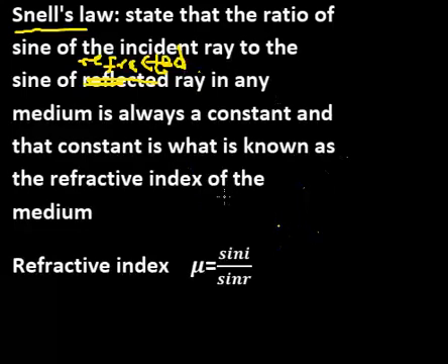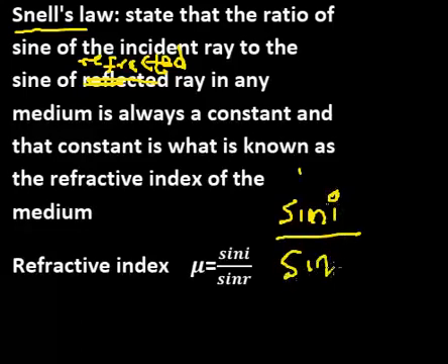So according to Snell's law, the ratio of sine of incident, sine I, divided by sine R, incident and refraction, is always constant, and that constant is given the symbol of refractive index.